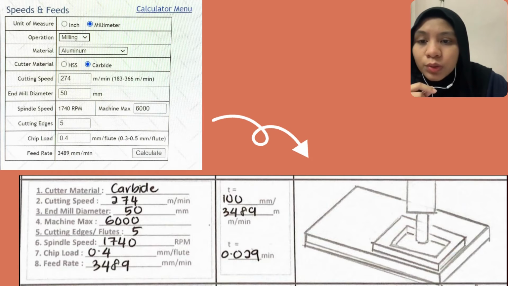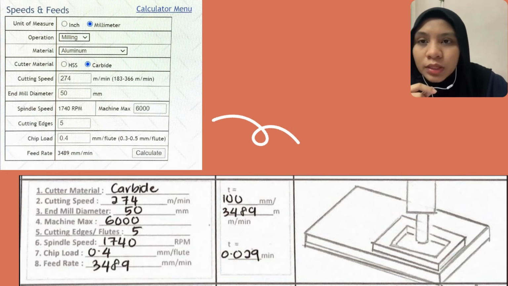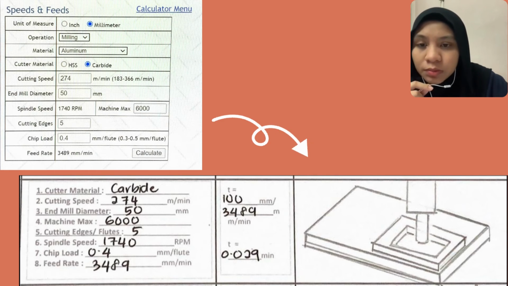Immediately it shows the cutting speed of 2074 per minute. We also put in the end mill diameter, as I said earlier in part B, of 50 millimeter. The machine maximum, as usual, is 6,000, and also from part B, the cutting edges is 5.